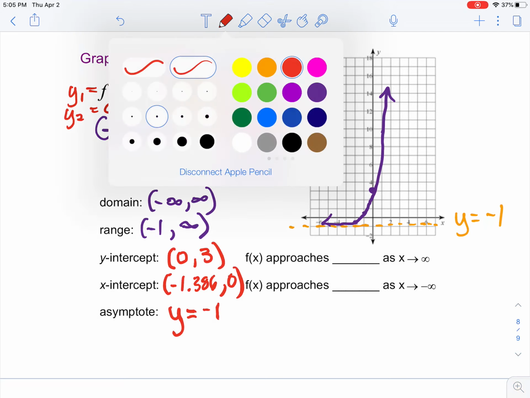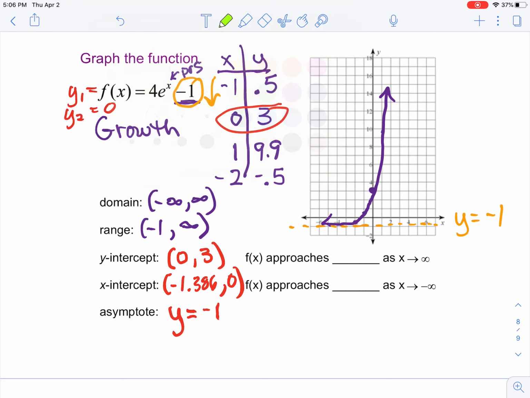All right, now let's talk about f approaches blank as x goes to infinity. So as x goes to infinity, what is my y value doing? It's going to positive infinity.